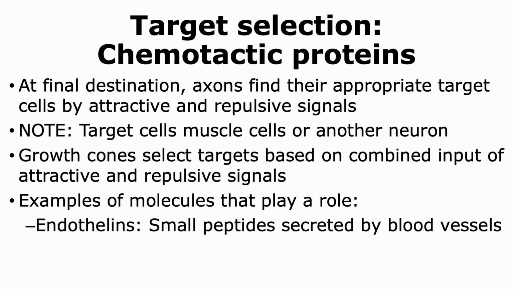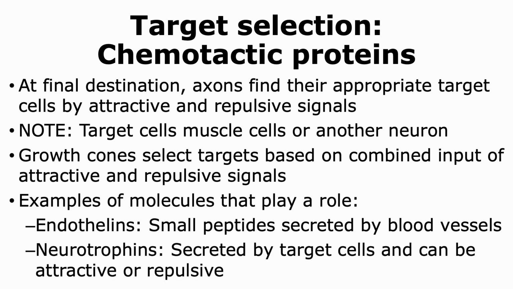The examples of some molecules that play a role in aiding the growth cones to their target cells are endothelins. So these are small peptides secreted by blood vessels. And thus, if we have neurons that need to come near the blood vessels, the endothelins play a role in guiding their axons to the appropriate target cells. Another example are neurotrophins.